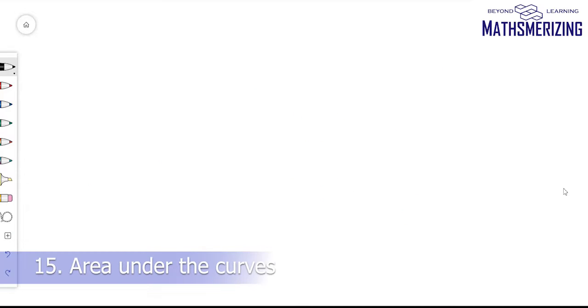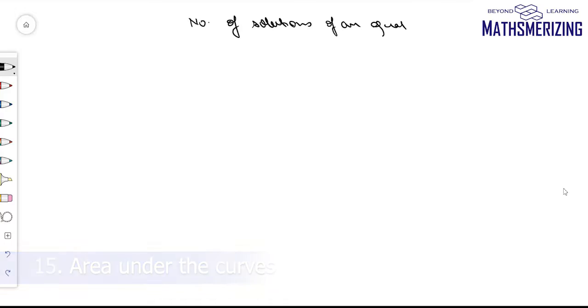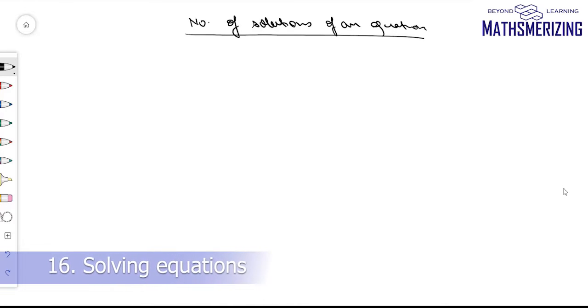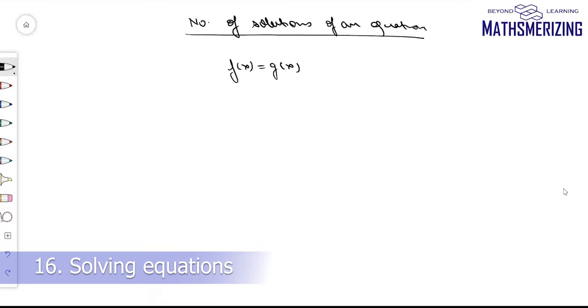Now the 16th application of graphs is perhaps one of the most interesting and fascinating applications of graphs. We can use graphs to find the number of solutions of an equation. Suppose I have this question where it says f(x) equals g(x), and I need to find the number of solutions to this equation.